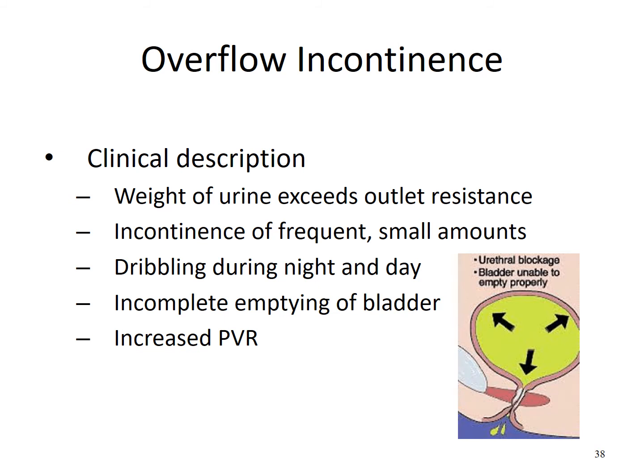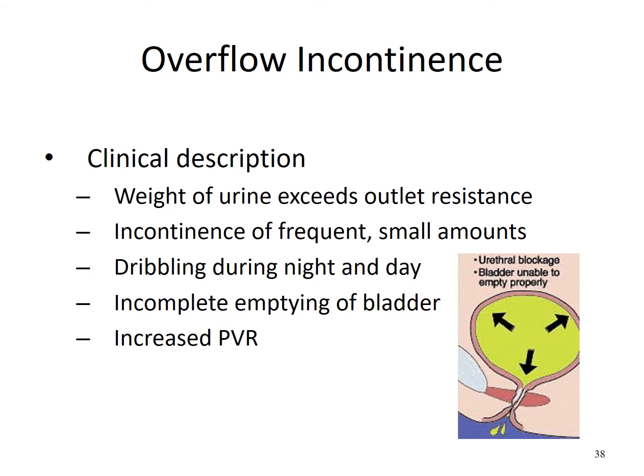Overflow incontinence is the last main type that we'll focus on in terms of treatment. This relates to the bladder neck often being too tight, so individuals end up having more and more urine accumulate. Eventually, there is so much urine in the bladder that the pressure exceeds that at the bladder neck, and so a little bit is forced out. So they often have frequent dribbling.